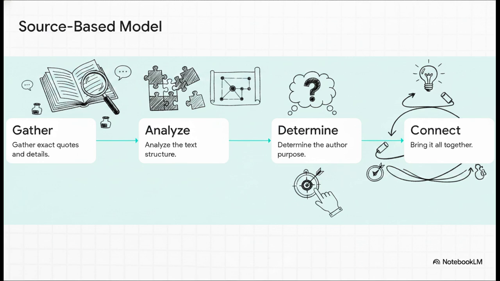How is the author organizing things? Is it cause and effect, chronological? Step 3 is determining the author's purpose, like why did they actually write this? And finally, step 4 is to connect the details, bringing it all together. So you grab a quote, you see the structure is chronological, you figure out the author wants to inform you about a timeline, and boom, you've connected the details. When you stack these together, you aren't just guessing what a text means, you're proving it.